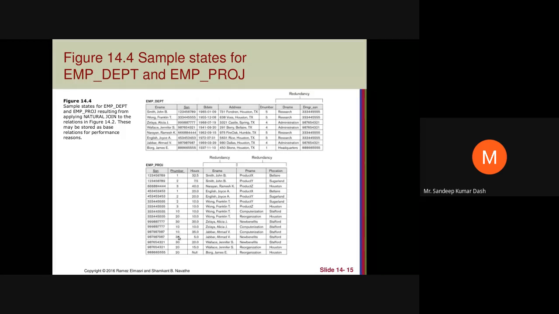Suppose there is a project 30. How many employees are working in this one? 9998877, and he is working in 10 too.